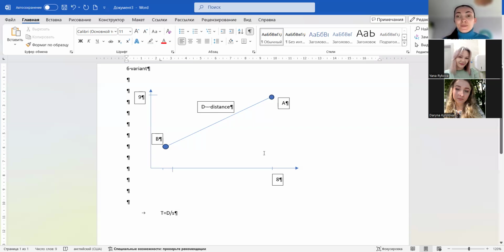Now maybe I show this information for you, and we come back to how to find the distance between these 2 points. One minute. I show our OneDrive here.